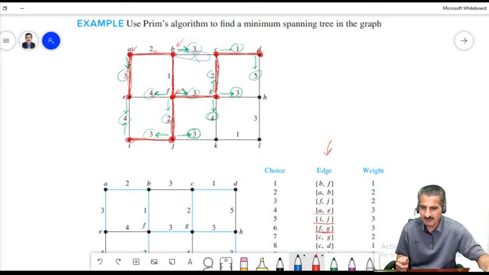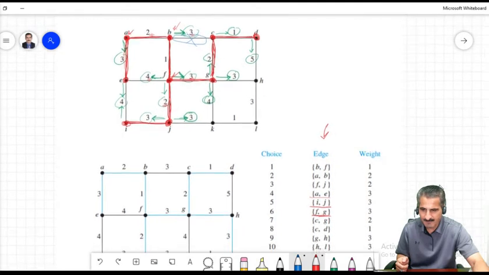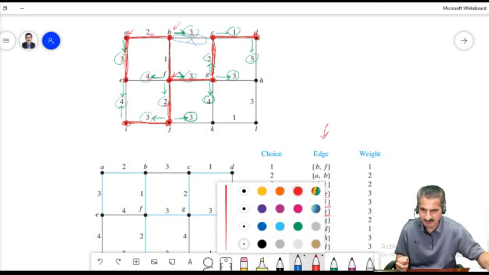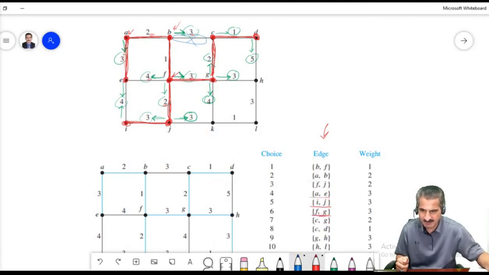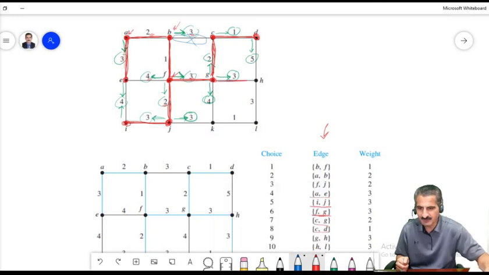So we can go, okay, so let's see, we have chosen C and D, C and G, okay, C and D, and then G and H. Okay, so we either choose this edge from G and H or from J and K. Both of them have weight 3.